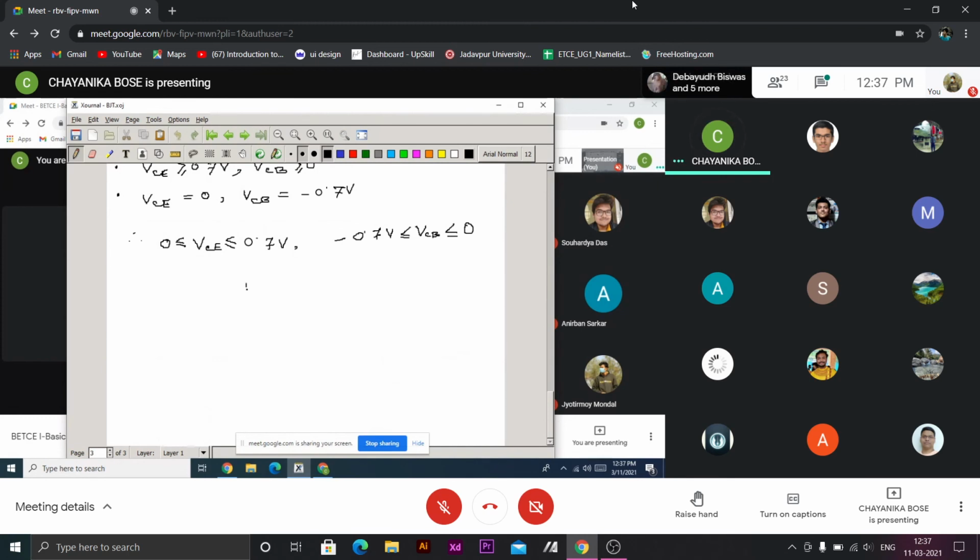আমরা স্যাচুরেশন রিজিয়ন চাই কেন? Because it will offer large current flow but nominal resistance. So it is ideally the switch under on state.